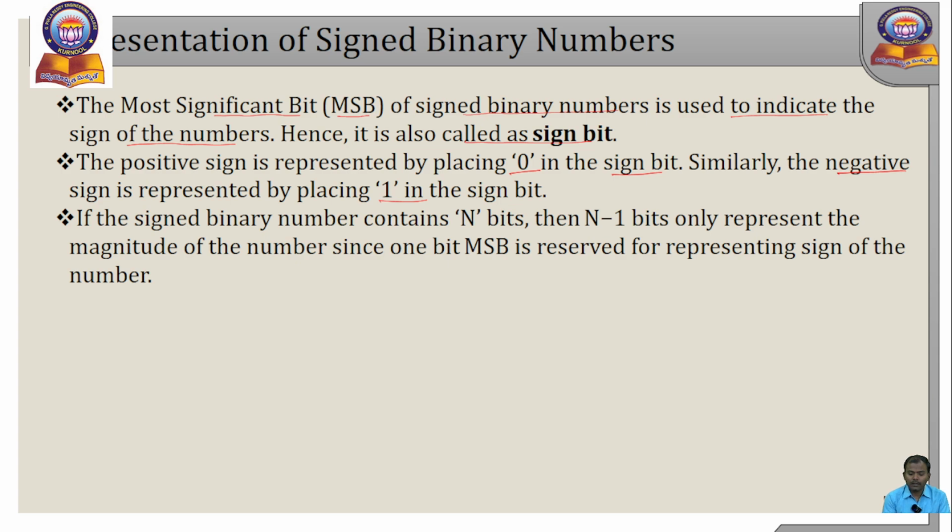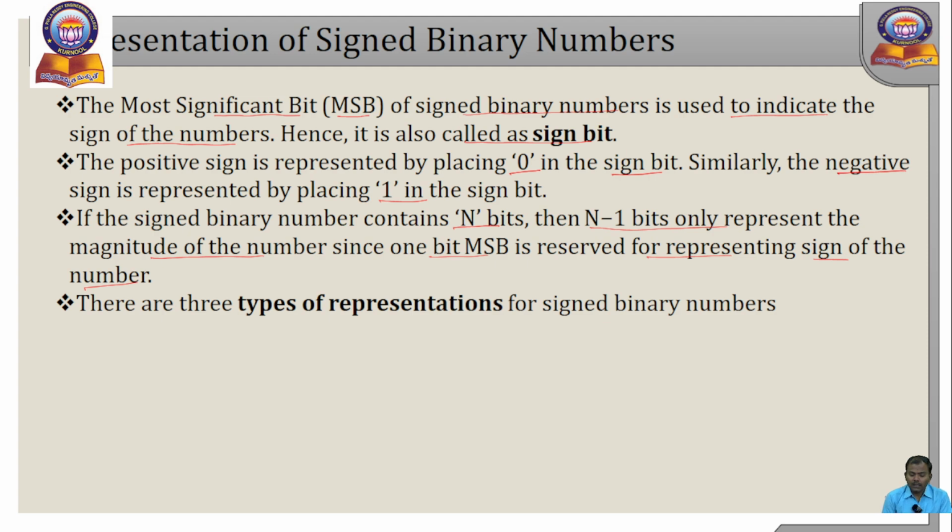If the signed number contains n bits, only the n minus 1 bits represent the magnitude, since the 1-bit MSB is reserved for representing the sign of the number. So out of those n bits, n minus 1 bits are used to represent the magnitude, and the remaining bit, the MSB, is reserved for the sign.